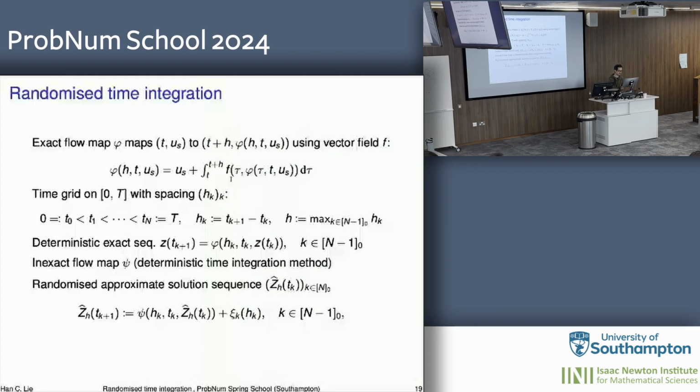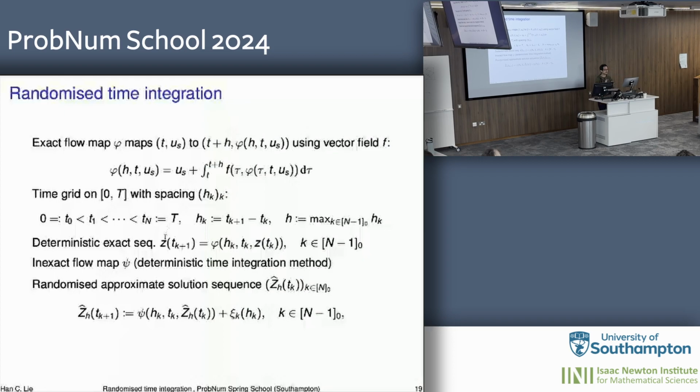That's all it does. Let's fix a time grid on the time interval 0 to T with some possibly irregular spacings h_k. I'm going to define h to be the maximum time step. So as h goes to 0, all of the time steps are going to go to 0. If I apply this flow map to this time grid, I get a deterministic exact solution sequence, z at t_{k+1}.